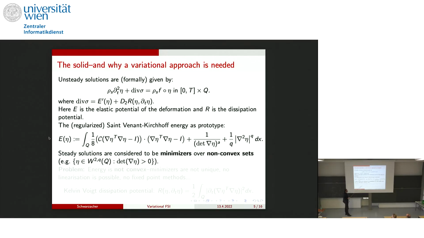And the trouble is that because we have large deformations, we need to make sure that our energy explodes if the determinant, the Jacobian, goes to 0. So here's the Jacobian. And if the Jacobian goes to 0, then this term explodes. And this is necessary if you consider large deformations, because otherwise you can squeeze things together for free, I mean, for finite energy. Yeah? And this is against the physical assumptions.